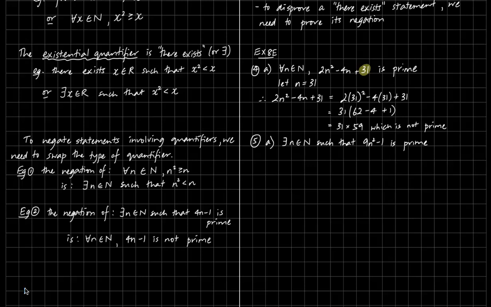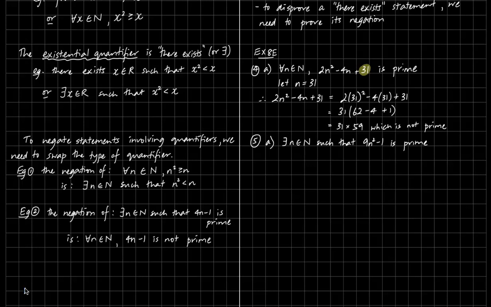Alright, so again, we could take a while here. We're trying to just find one single case, one single natural number n such that 9n squared minus 1 is prime, and so you could start from 1 and 2 and 3 and 4 and try and find that single case. But we might come to the conclusion fairly soon that we're not finding one, and so maybe it's not true. Maybe there is not a single natural number n such that that's prime.